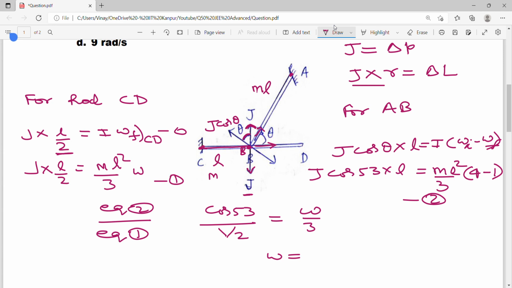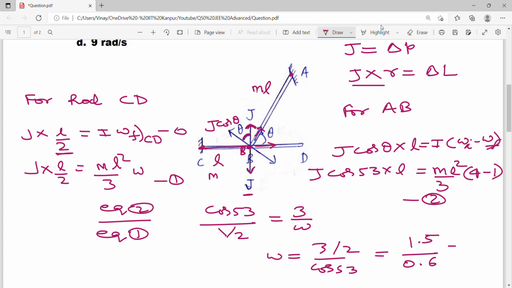I'm sorry. We are dividing the second equation by the first, so this would be 3 by omega. I sensed something was wrong at least. So omega would be 3 by 2 upon cos 53. Cos 53 is 0.6. So 1.5 upon 0.6. So this is 15 upon 6, which is 2.5 radian per second.